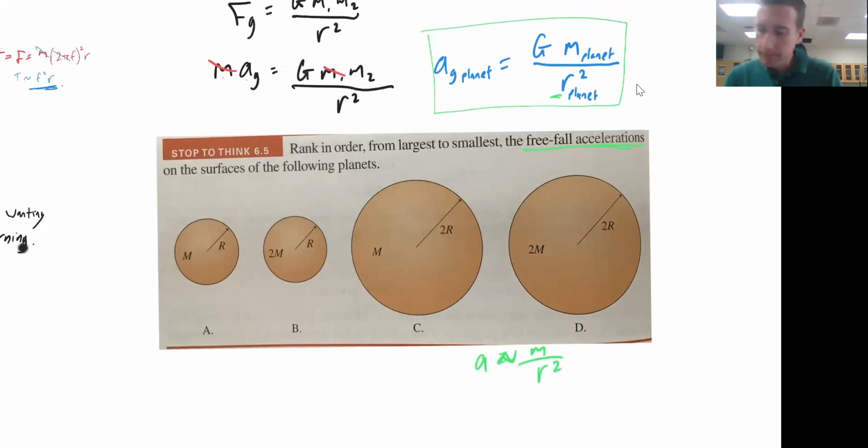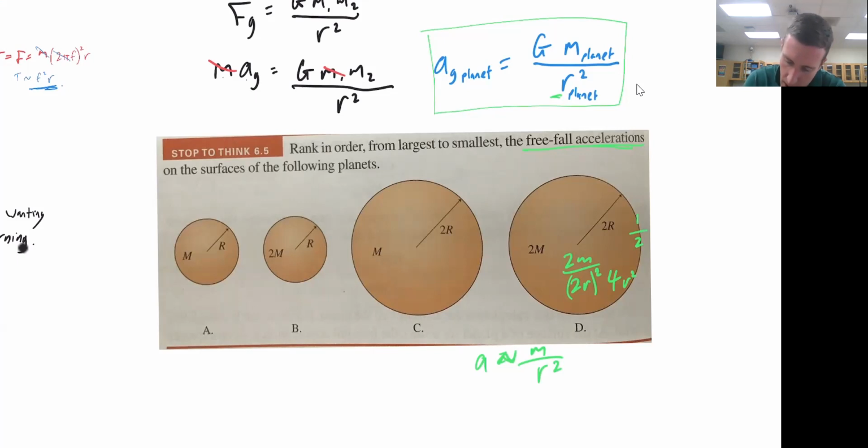Okay. So this one, 2 mass over 2r squared, is 2 mass over 4r squared. So that's 2 over 4, which gives me 1/2 for my number values.